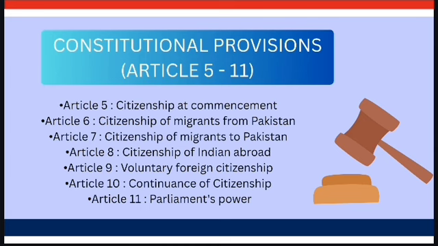Article 8 relates to Indians residing abroad. Article 9 addresses voluntary acquisition of foreign citizenship. Article 10 ensures continuity of citizenship. And Article 11 empowers Parliament to regulate citizenship through legislation. These articles were transitional provisions and mainly determined citizenship at the beginning of the Constitution.